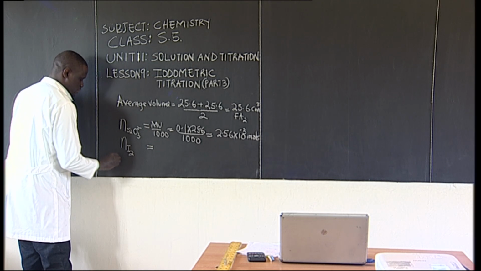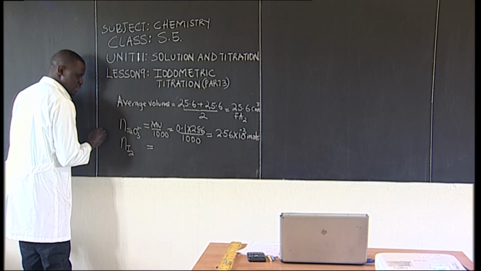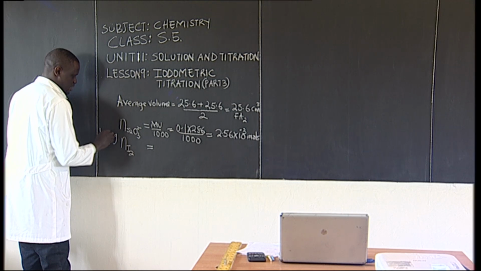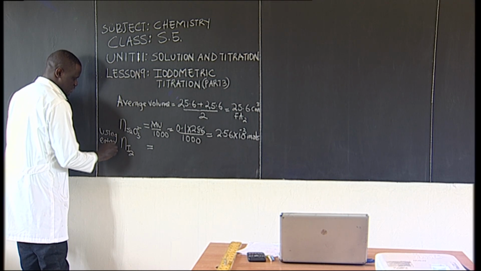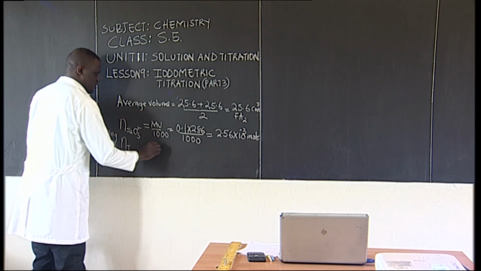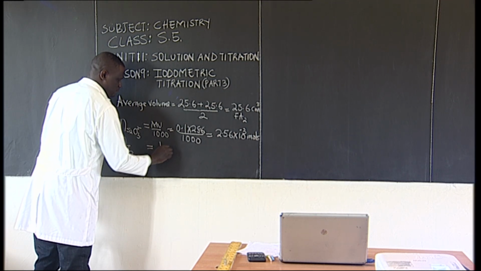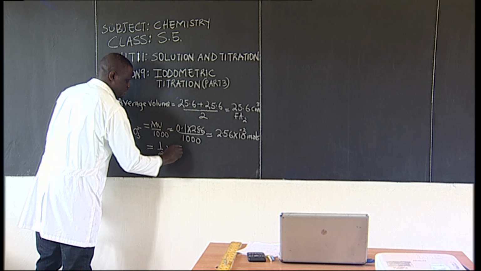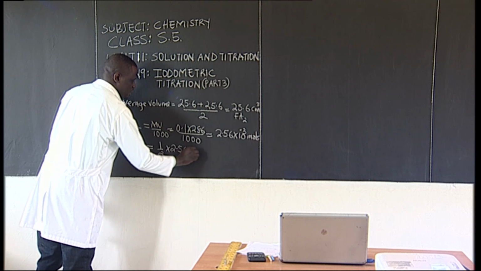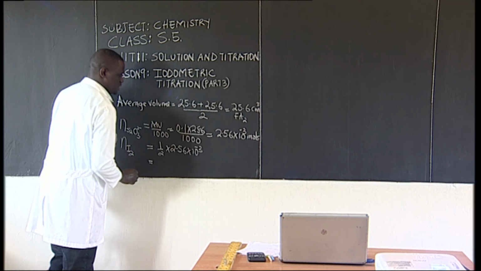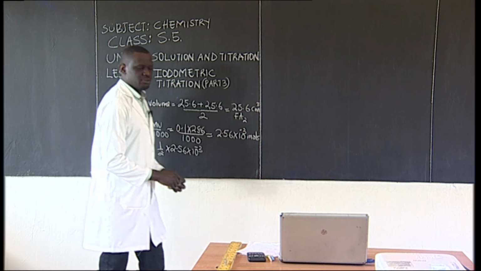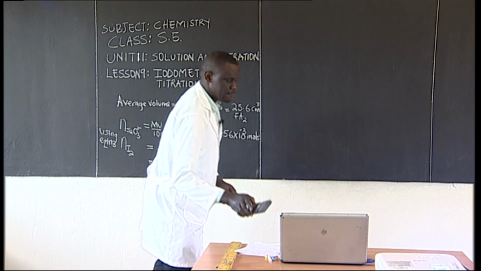So using equation 3, we shall say actually it is a half. Half times 2.56 times 10 to the power negative 3.